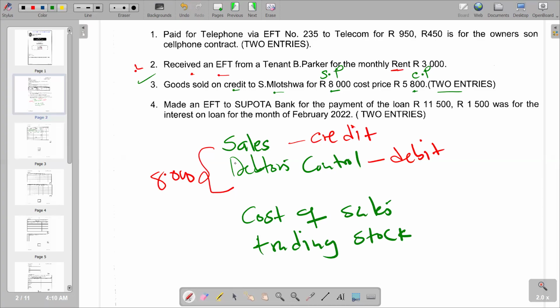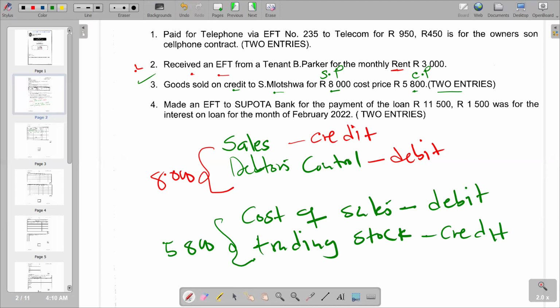So they are moving out of the trading stock. Trading stock is an asset, and when we buy the goods, we debit trading stock. So when they are selling, we credit trading stock. So here we're saying credit, and the cost of sales is an expense, so we debit. And this is the double entry using the cost price, which is 5,800.